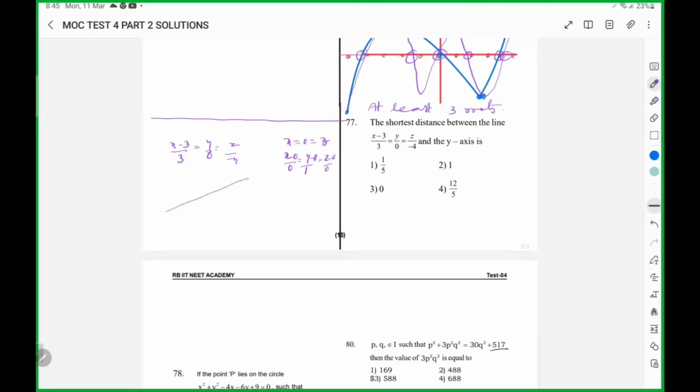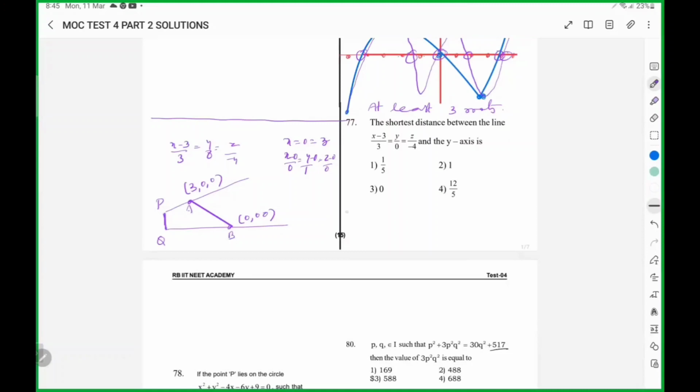So between two lines, this line is passing through 3, 0, 0. This line is passing through the origin. The shortest distance will be PQ here. This is A, this is B.